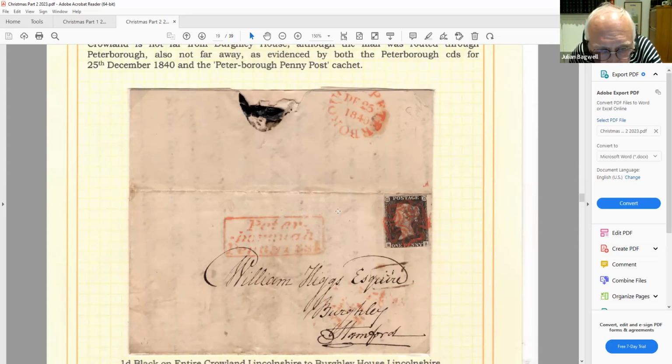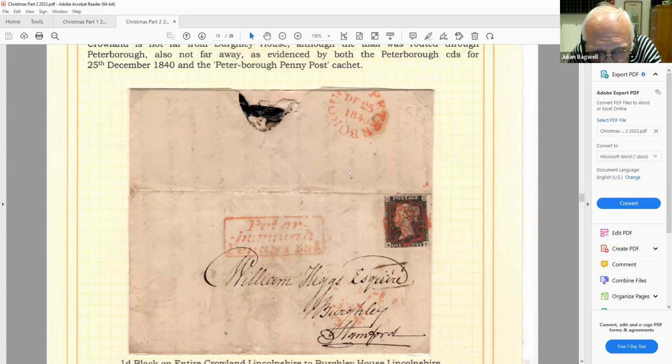In the end, they became more common in smaller rural post offices, just denoting dispatch. But they didn't need to put this one on because you've got the very nice Peterborough cancellation here. Anyway, a penny black on entire, dated Christmas Day, 1840, the first such day that such a cover, or an entire, would have been received.